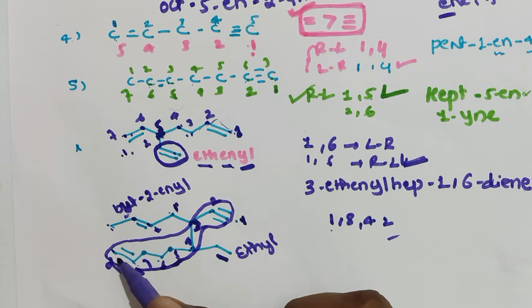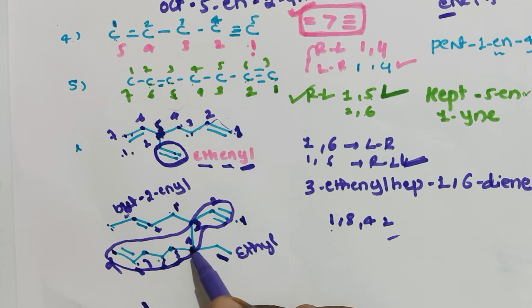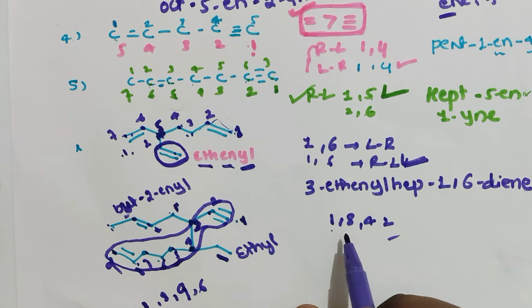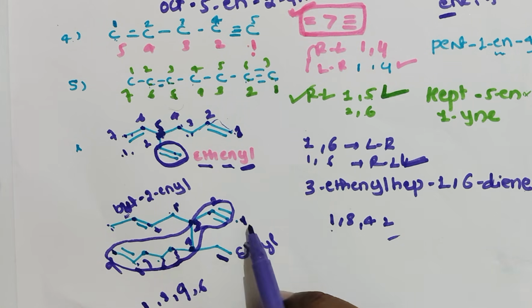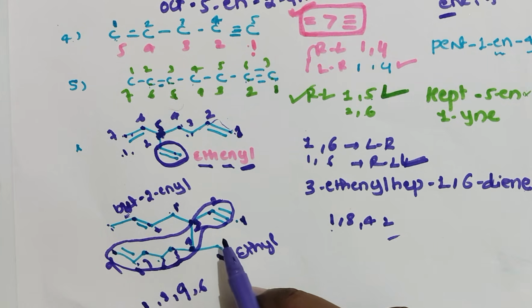The double bond carbon gets 1, 8, and the prefixes 4, 6, so 1, 4, 6, 8. Here it is 1, 2, 4, 8. Therefore numbering from this side is correct. Is this clear?